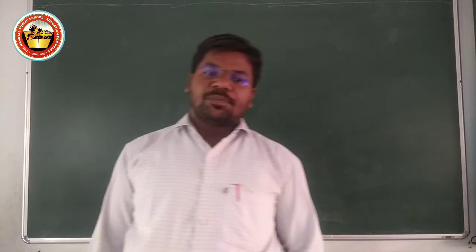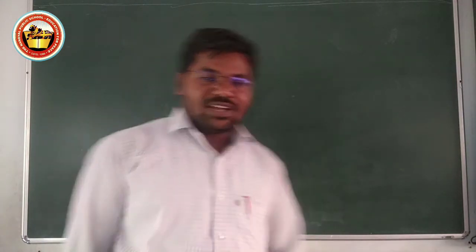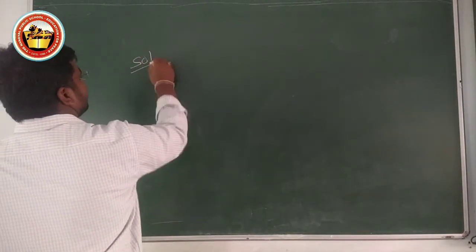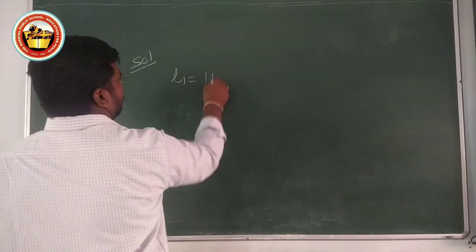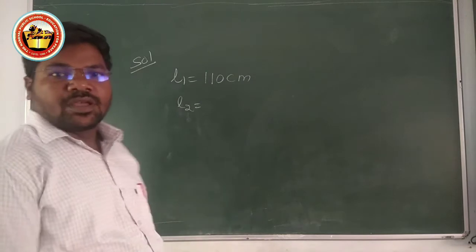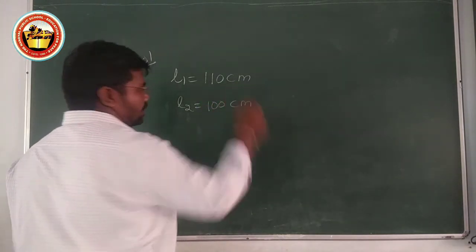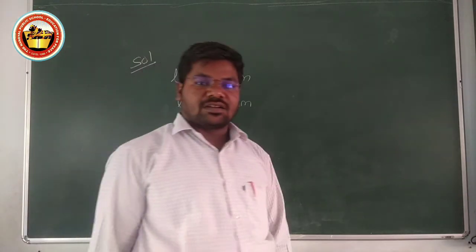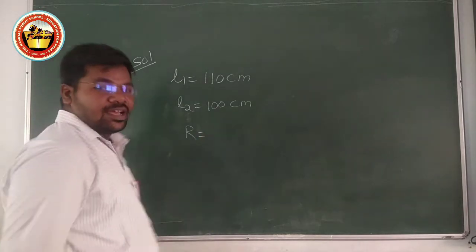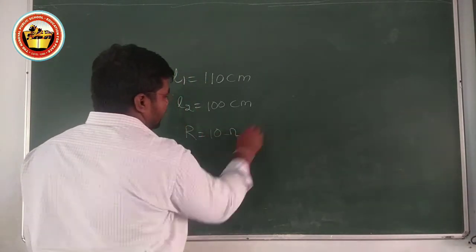In the problem they have given two lengths: L1 is 110 centimeters, L2 is 100 centimeters. And the external resistance, denoted R, is 10 ohms.